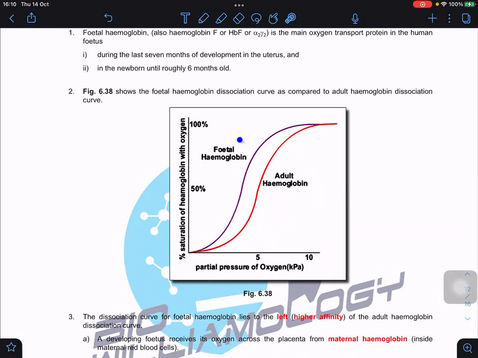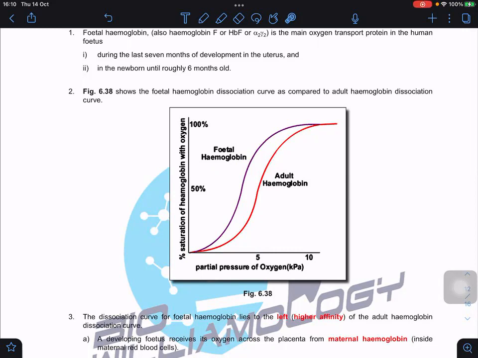But in this case, it's fetal hemoglobin and adult hemoglobin, so we use the words located or lies. The curve for fetal hemoglobin is located at the left-hand side of the adult hemoglobin, or lies to the left. So again, to the right, low affinity; to the left, higher affinity. This is very, very important.